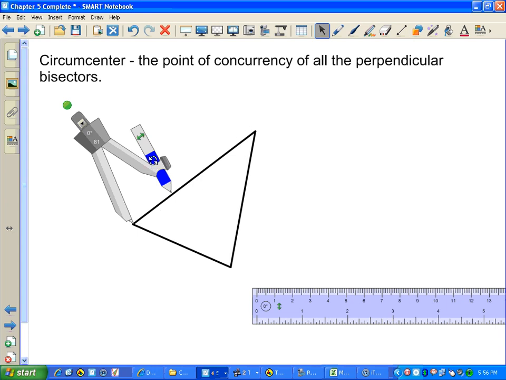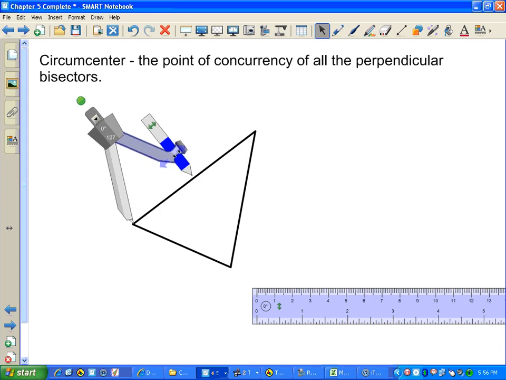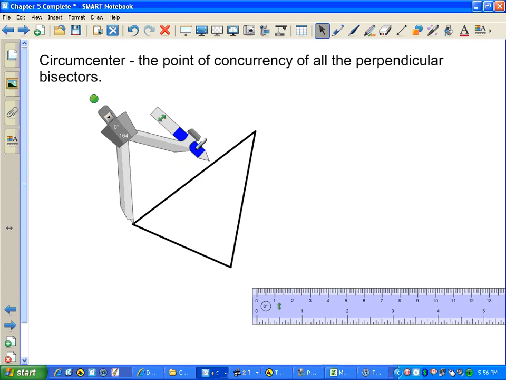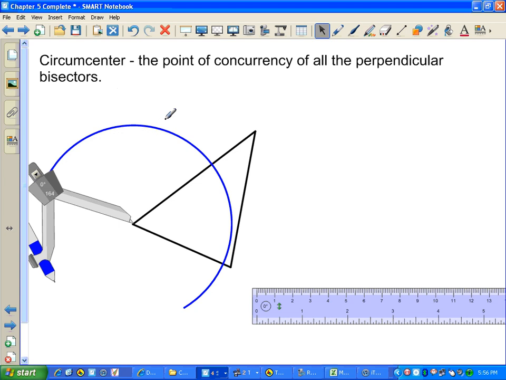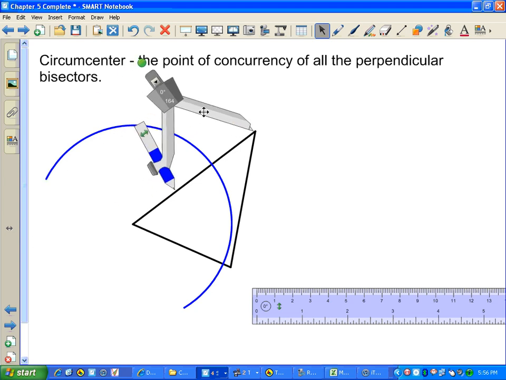So remember, I have to open my compass so that it's more than halfway. Okay, and I'm going to make two circles, one from this end point and one from the other end point.